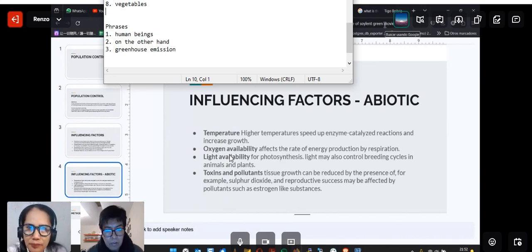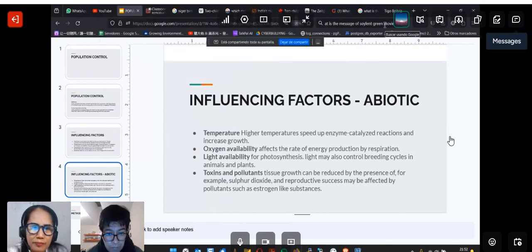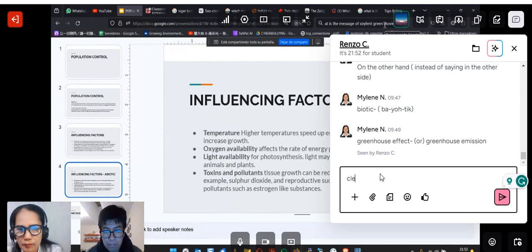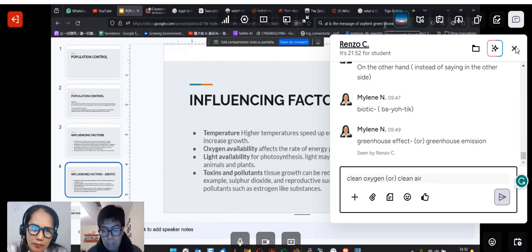The next factor is the availability of clean oxygen. It's also related to the factor of toxins and pollution. This has a negative effect.